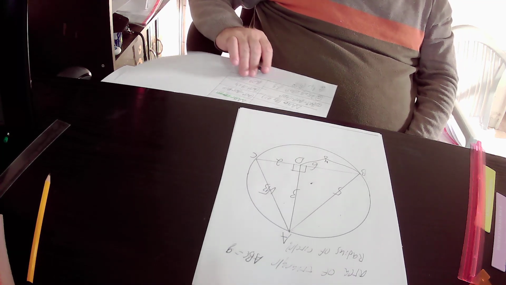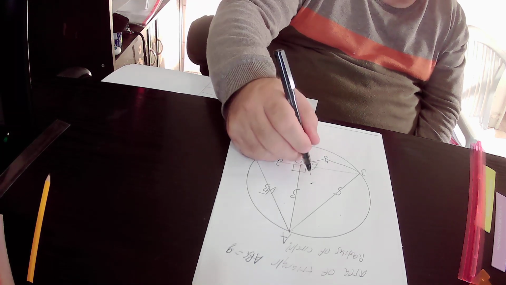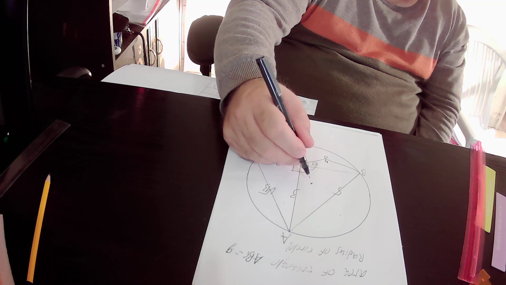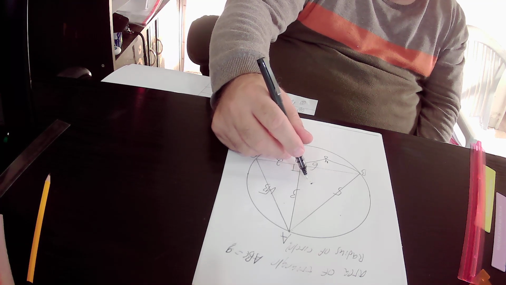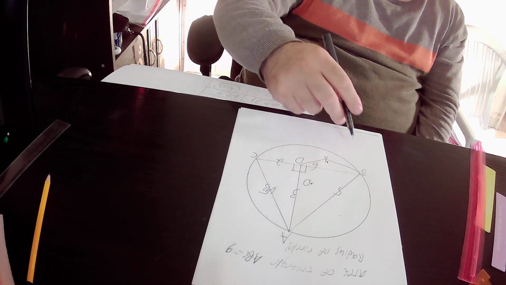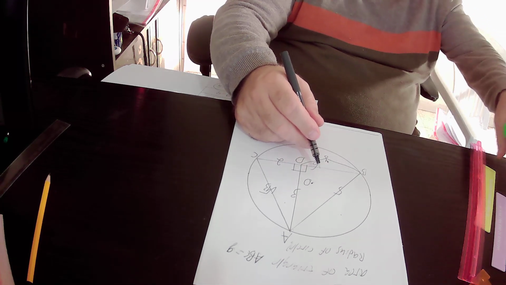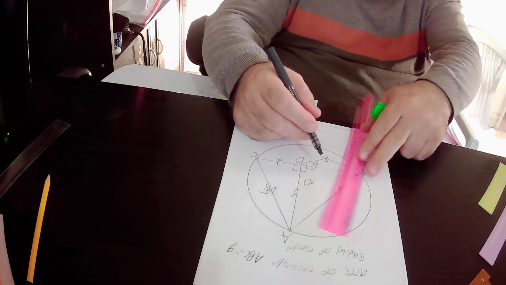In the next step we'll define the center of the circle as O. Repeat again. The center of this circle is at this point O. We join points A and O together by a straight line.